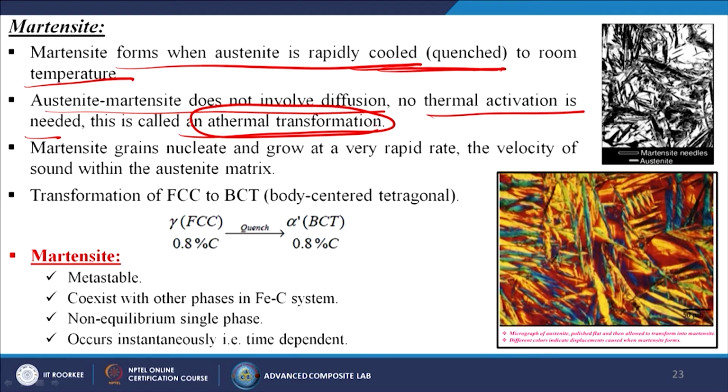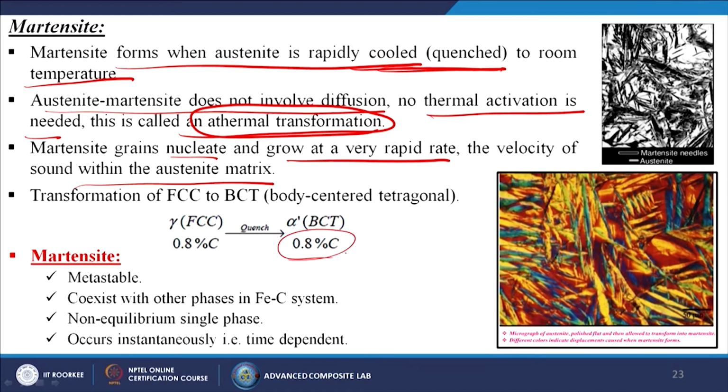Martensite grains nucleate and grow at a very rapid rate, the velocity of sound within the austenite matrix. Transformation of FCC to BCT, body centered tetragonal: how is it taking place? Gamma FCC with 0.8% of carbon, when we do the quench, we get the alpha prime BCT.